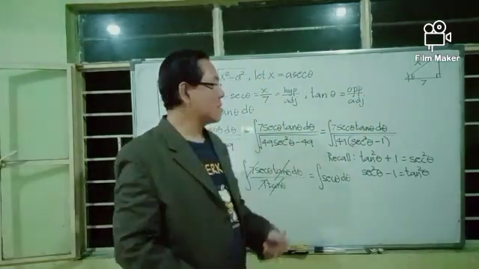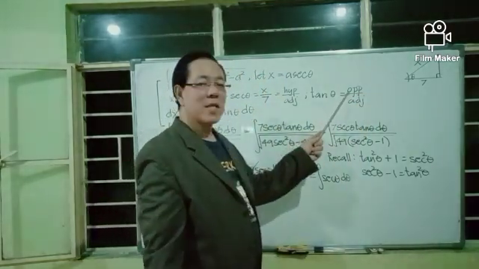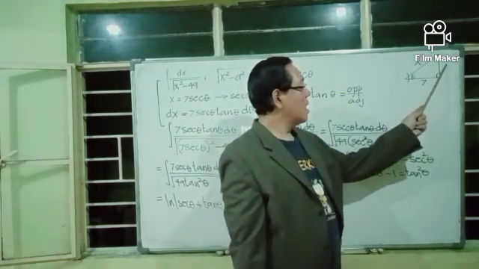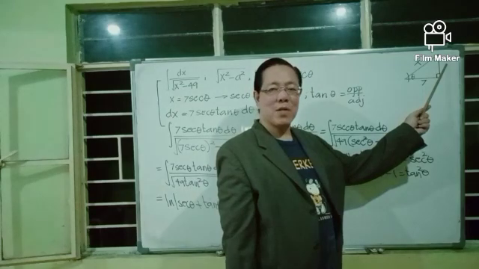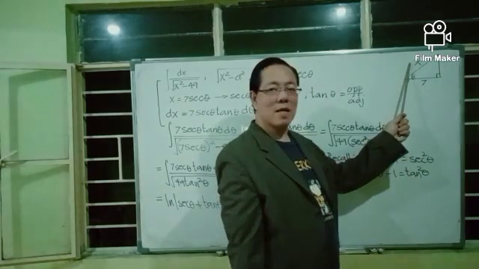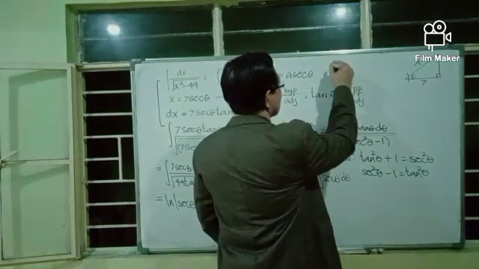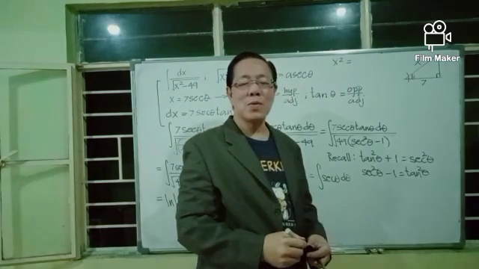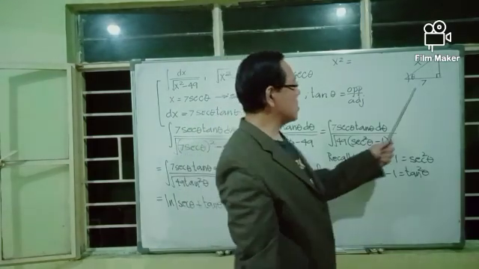And what we want is the side opposite theta, which is this side of the right triangle. And we can find this by using the Pythagorean theorem that says the square of the hypotenuse, x squared, is equal to the sum of the squares of the two other sides.